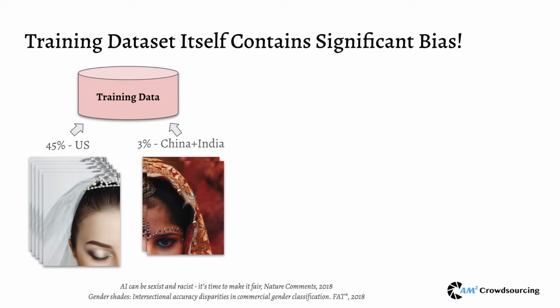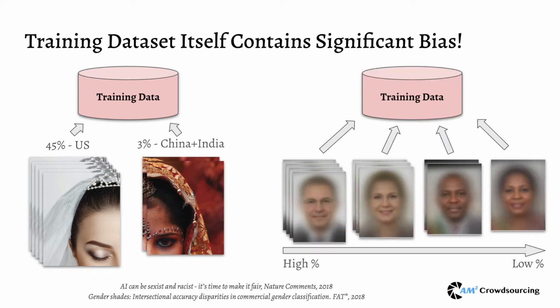Such lack of geodiversity partly explains why computer vision algorithms tend to assume that a bride image should always come with a white dress. A similar story happens for the face detection software. The percentage of photographs of white males in the training data is much larger than that of darker-skinned females, which led to higher facial recognition accuracy for certain groups of faces.